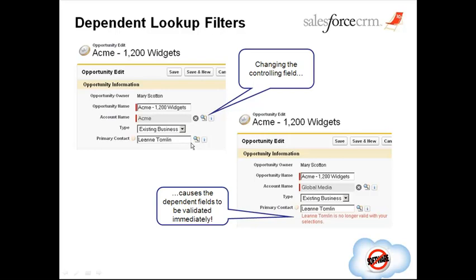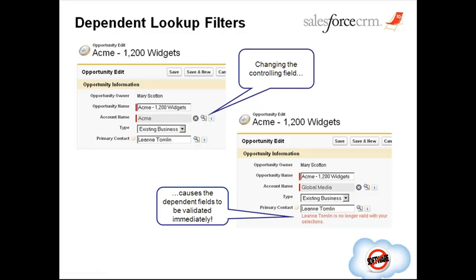This lookup on primary contact is a custom field. And what we said is, the only people that make sense to be the primary contact for this opportunity are people from the Acme account. And the best part of this feature is that if you change the controlling field, it does the validation right there in real time and says, you know what, Leanne Tomlin is no longer valid because you just changed the account name to Global Media.